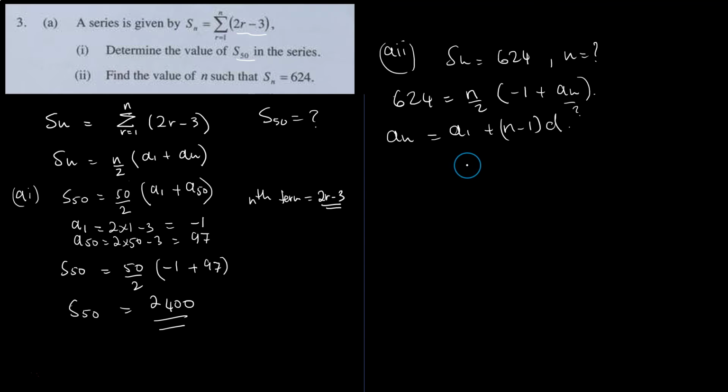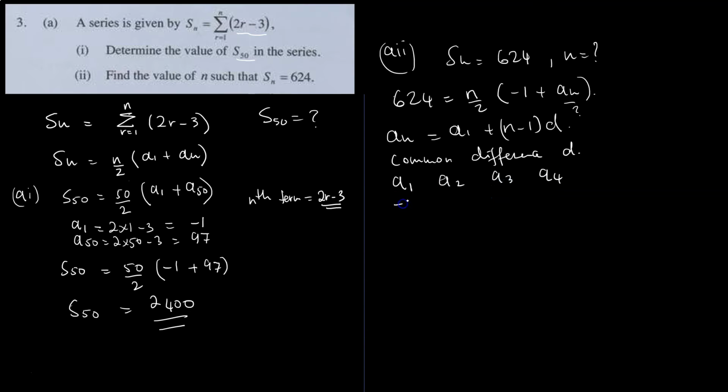The common difference is the gap between the numbers, between terms. We know what a1 is. We need to find a2. Let's do 4 of them, so up to a4. That will show us what the difference between the numbers is.